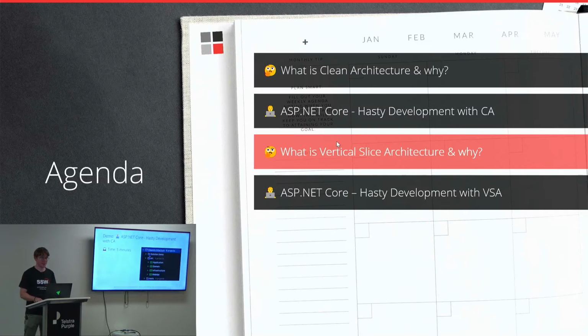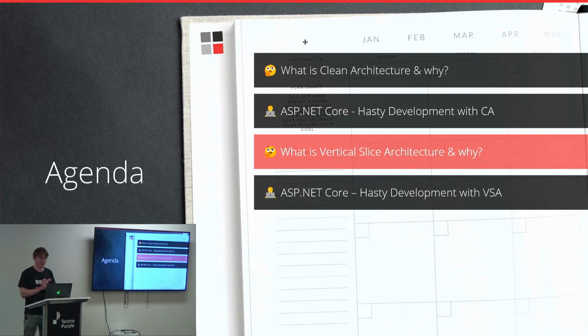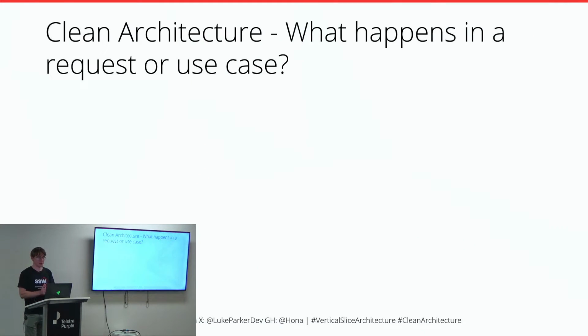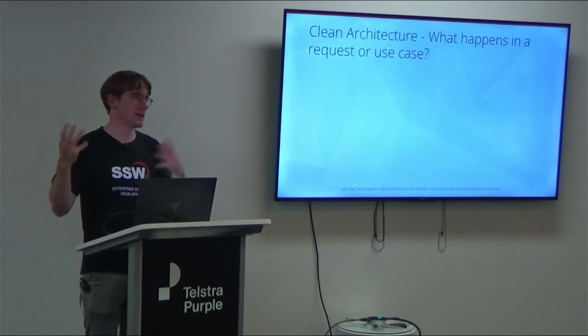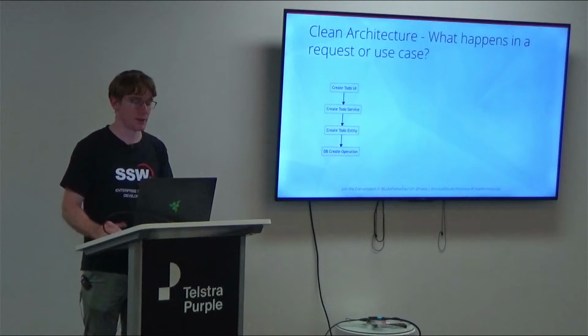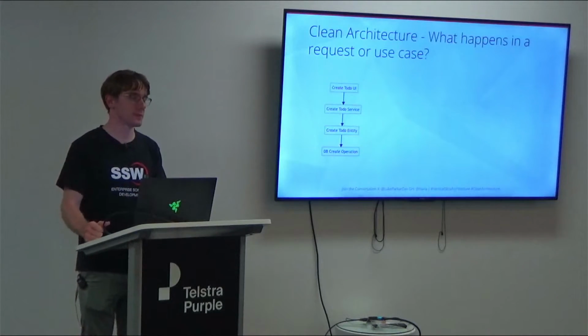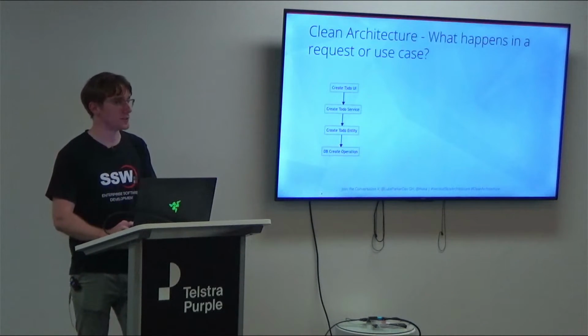So that was the speed run of CA. Now, vertical slice architecture. To talk about vertical slice architecture, let's bring it back to clean architecture. What happens in a request or use case? Again, let's say it's a to-do item. When I do something, what happens? Let's say I want to create a to-do item.